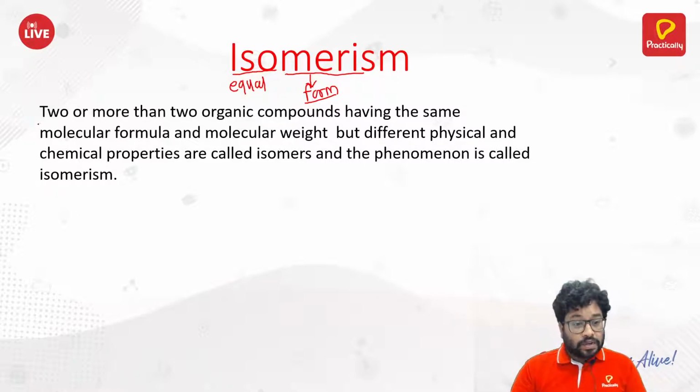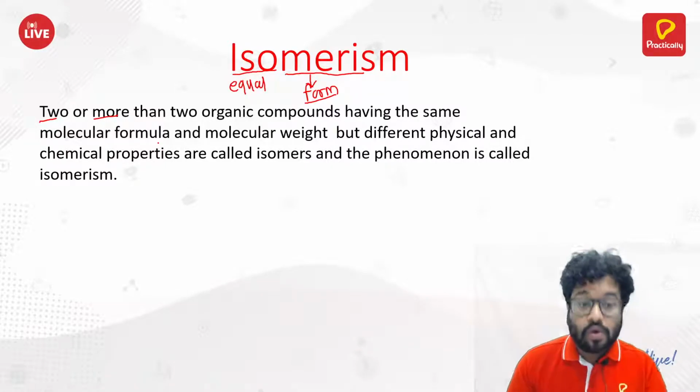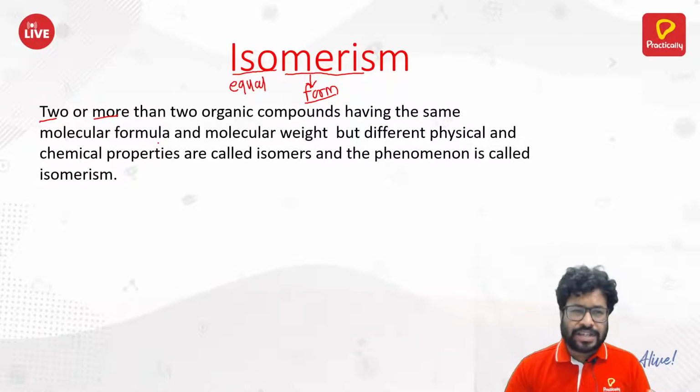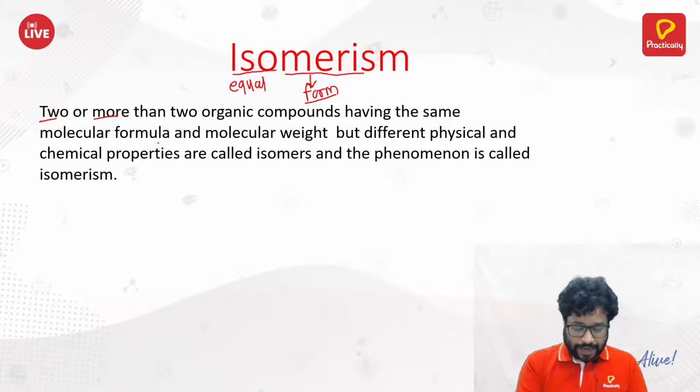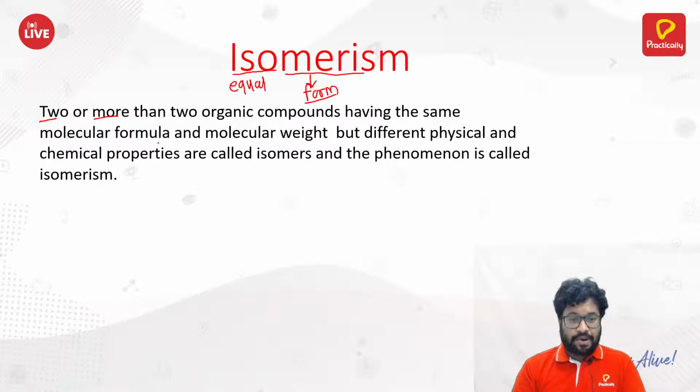If there are two or more compounds having the same molecular formula, I'm not saying only organic, it could be any compound for that matter. If there are two or more different organic compounds having the same molecular formula, they might also have the same molecular weight, right?